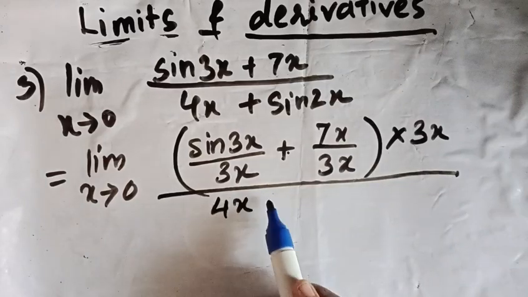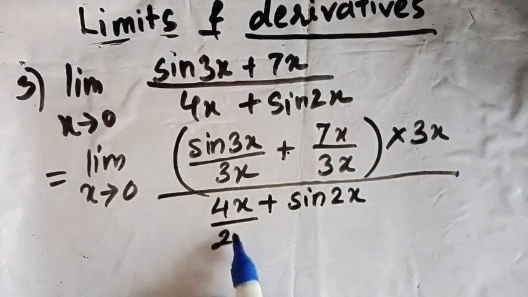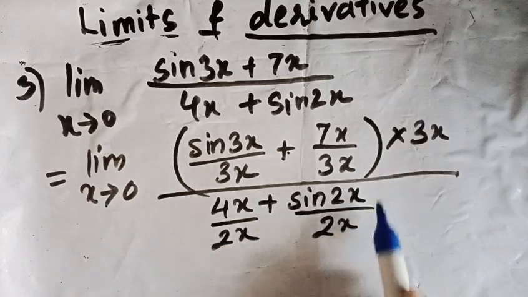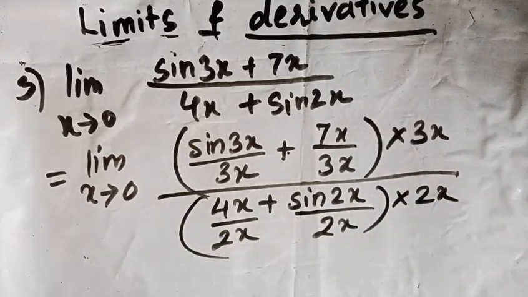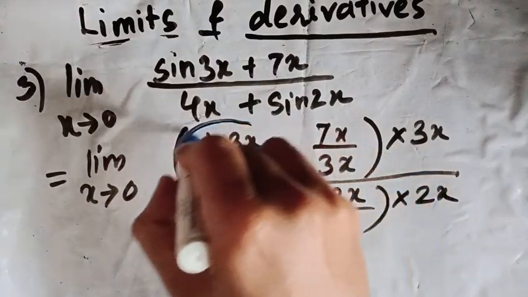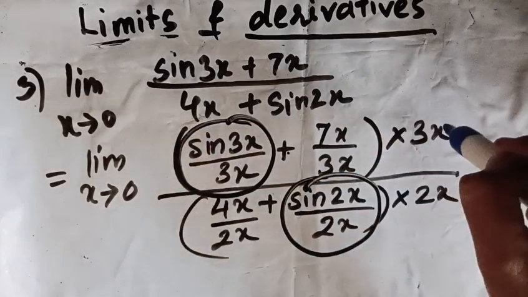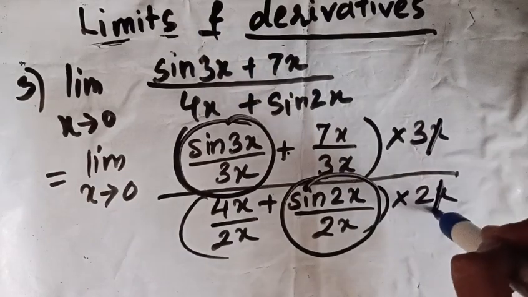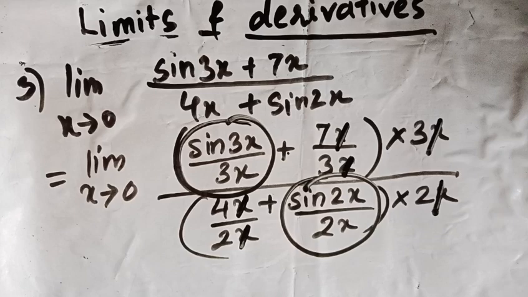Same thing, you have to do in the denominator also. So here 2x will come. So this thing becomes 1, again this also becomes 1. These get cancelled, so there is no x term here.